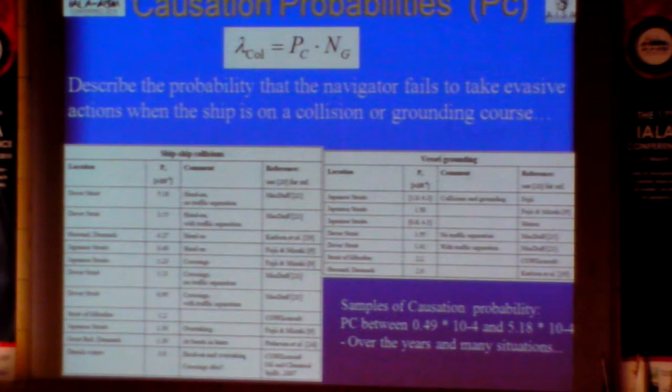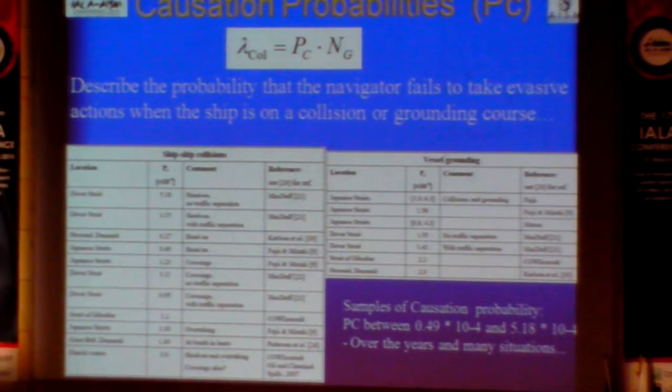So this magical factor that I was talking about before, the causation factor, which we multiply the candidates with to arrive at the number, or the frequency, of incidents, is a difficult one to select. There have been many studies.